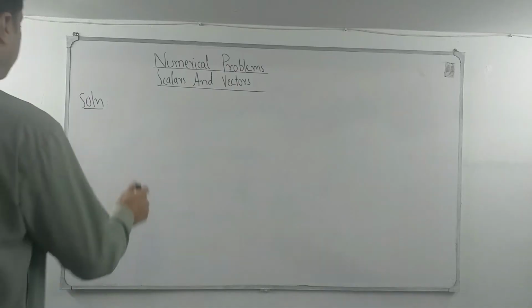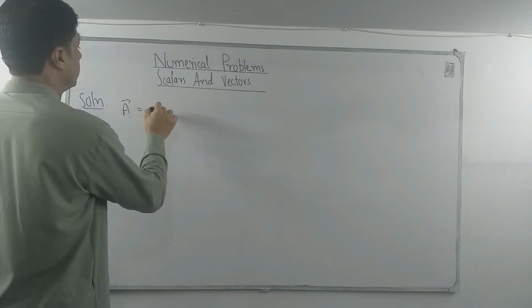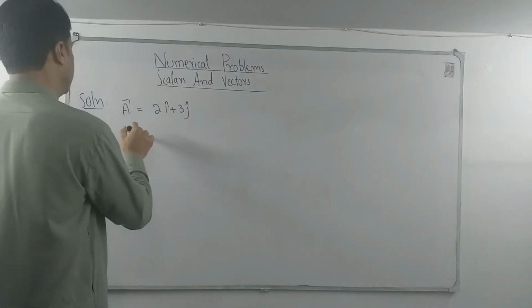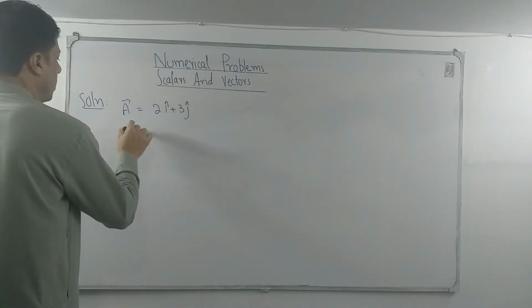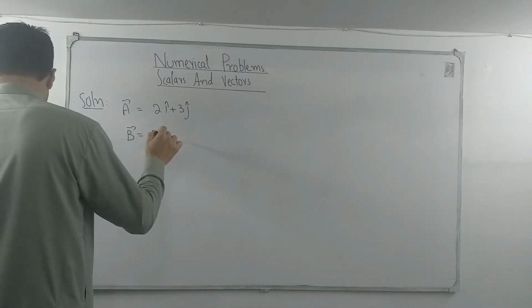Vector A is equal to 2i plus 3j, and vector B is equal to 3i minus 4j.